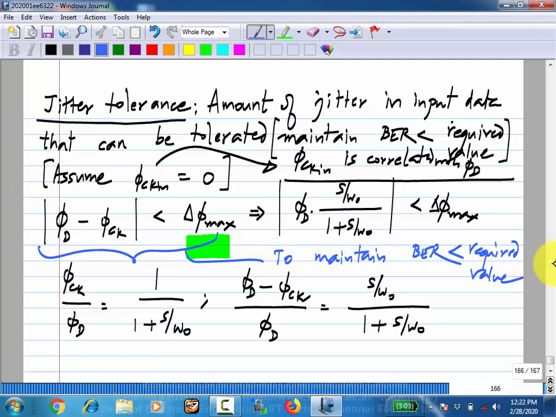So phi d minus phi ck in also will not be very large because they are generated from the same transmitter and the same clock. But it's just to define this quantity known as jitter tolerance, I did that.